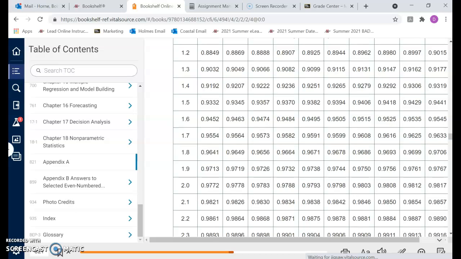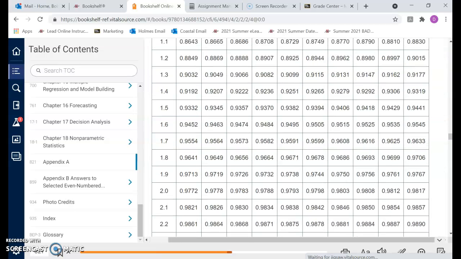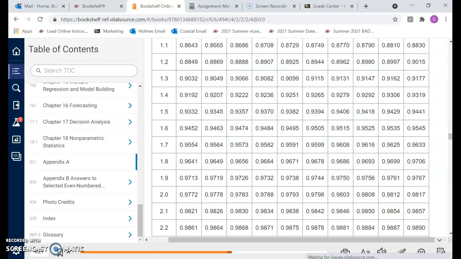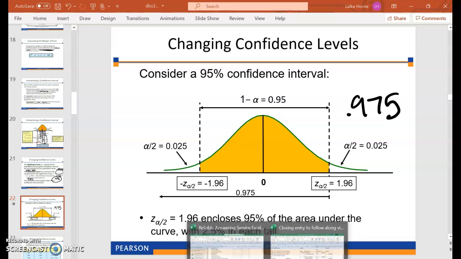So if you look in this table, 0.975 is right here. So that is 1.9, and if you go up, 1.90, 1, 2, 3, 4, 5, 6. So 1.96. That's where that number came from.